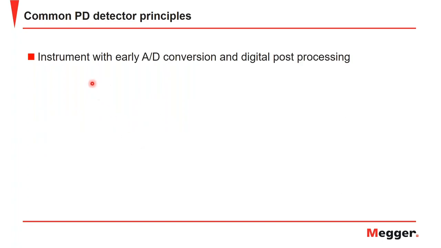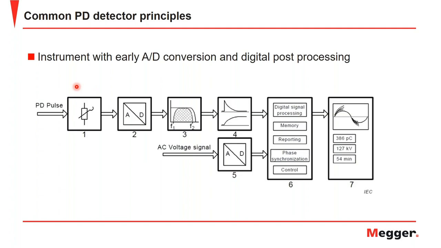Here we have the instrument with an early A to D, or analog to digital conversion, with post-digital processing. Again, your partial discharge pulse is fed into an attenuator that is fed to an analog digital converter, passed through a digital bandpass filter, then through a numeric integrator, and then your AC voltage source signal has an analog to digital converter, then your digital post-processing through your acquisition unit, and then finally your evaluation and visualization unit.